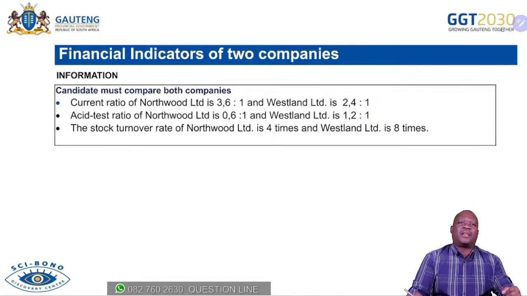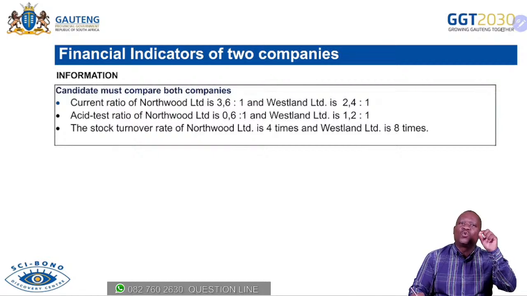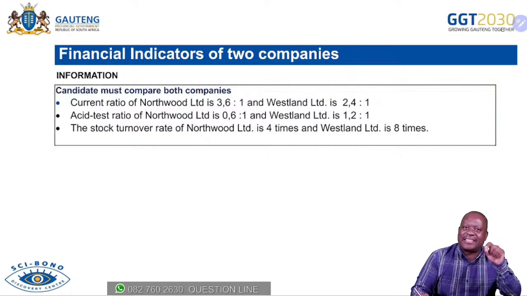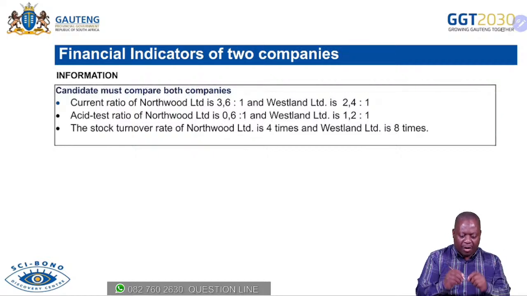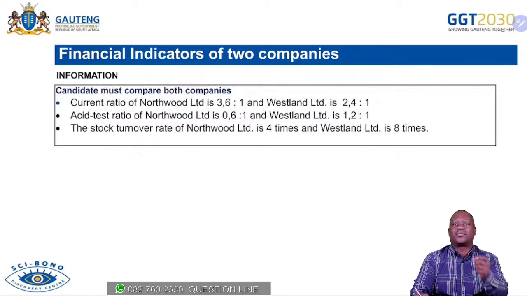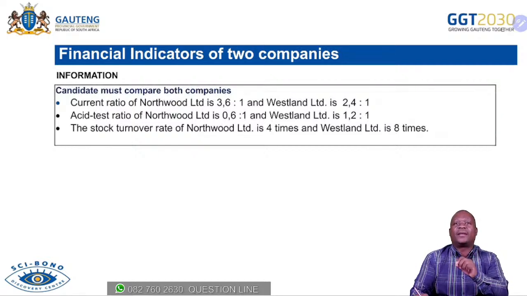One thing that is very important, if you are to compare, we need you to give us the indicators for both companies. You cannot just comment on Westland because they say it's the better one. No, you need to comment on both. So the current ratio of Northwood Limited is 3.6:1, and that one of Westland Limited is 2.4:1.